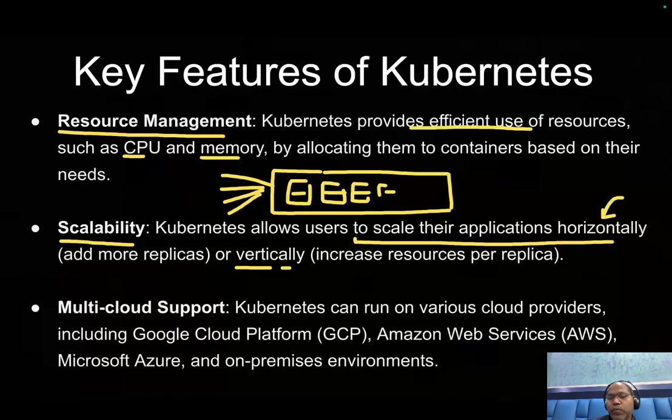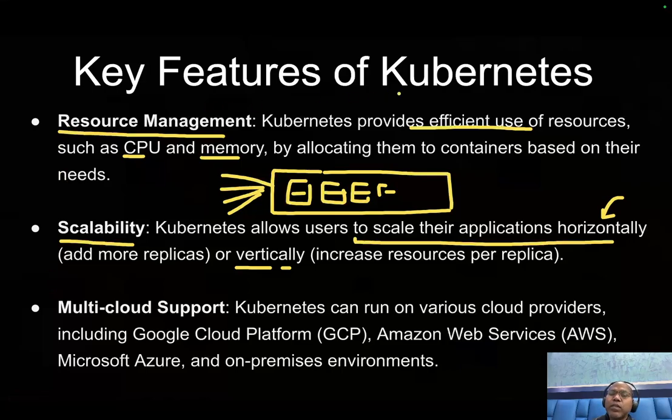So Kubernetes supports both. You can just configure, hey, I want to scale horizontally if the number of requests or user traffic is going to increase on my server. And automatically, if you want to decrease, you can also configure that. So by default, they support scalability, meaning your application can scale as per your user traffic requirements.